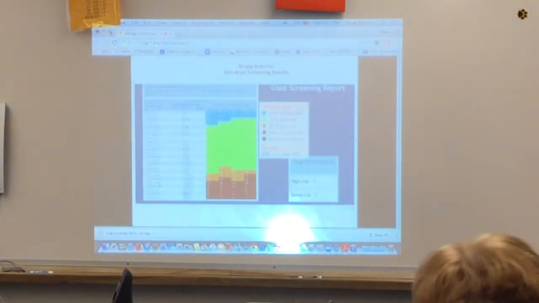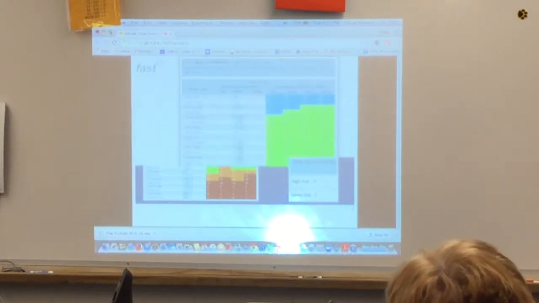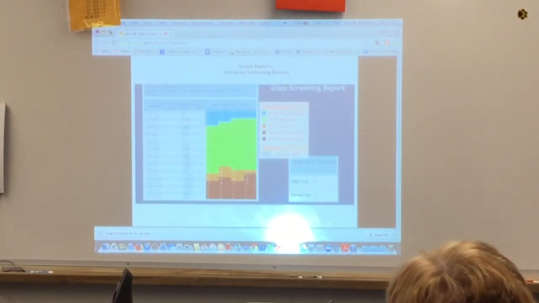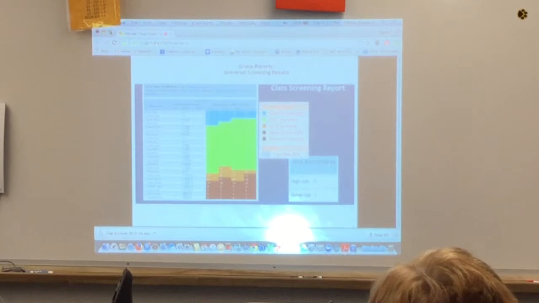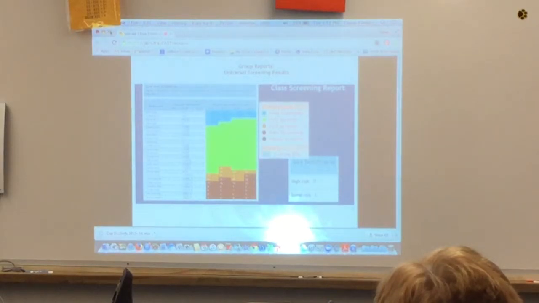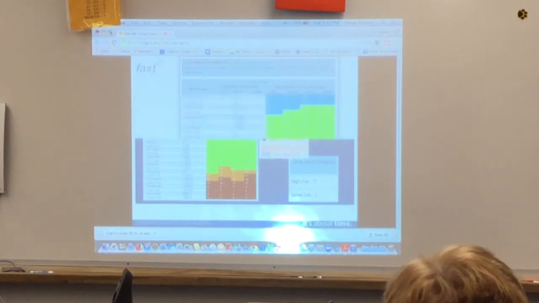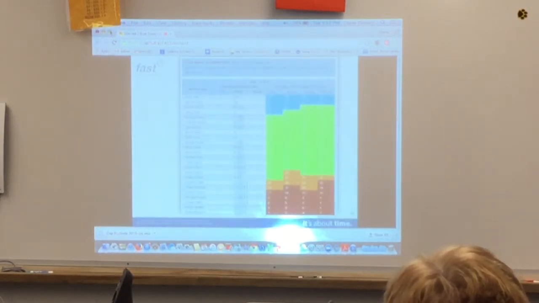So, just looking at universal screening results, this is a CDF reading report. On the left-hand side you have the benchmarks, and on this side you have the percentile rankings for class, school, district, and national. I'm going to go to the next one because it makes it a little bit bigger.